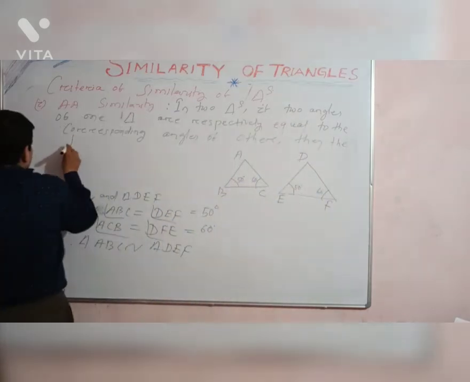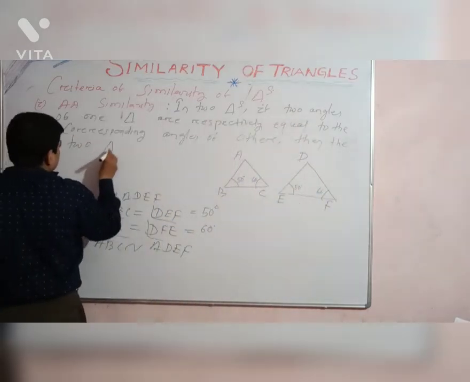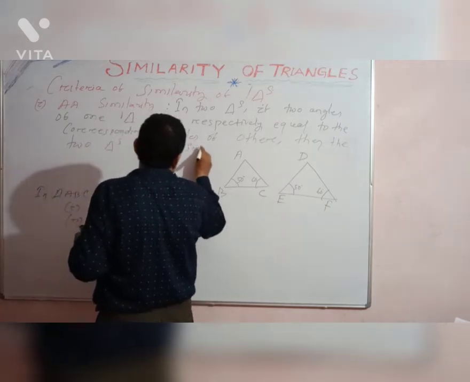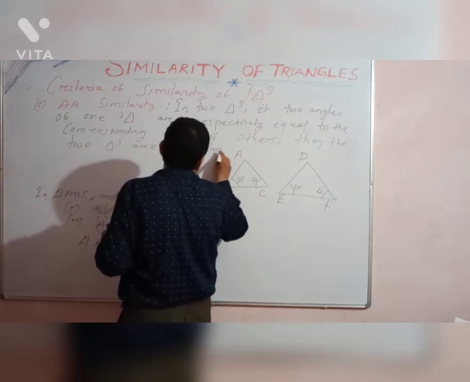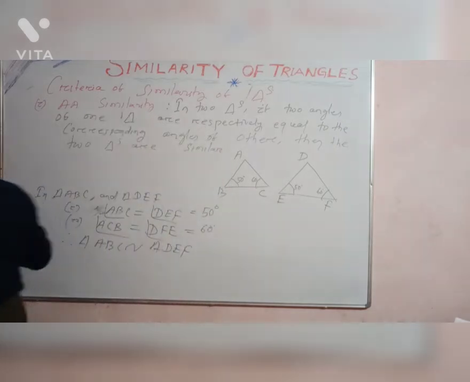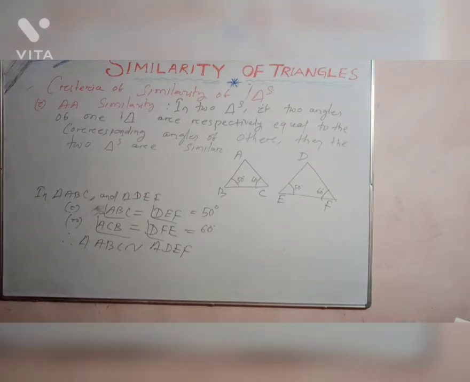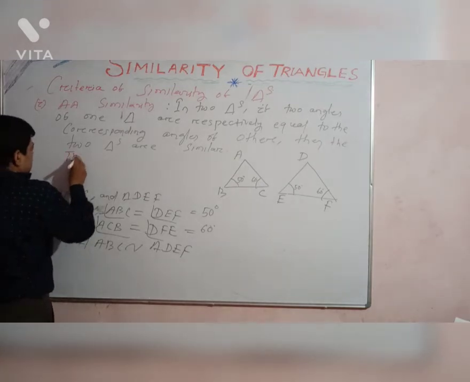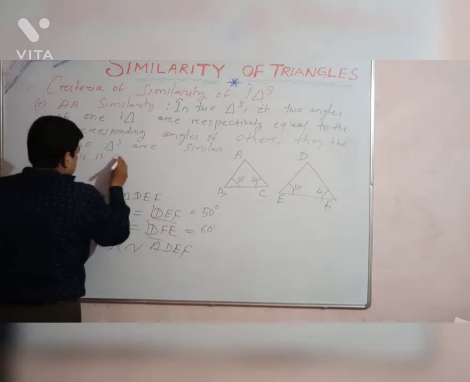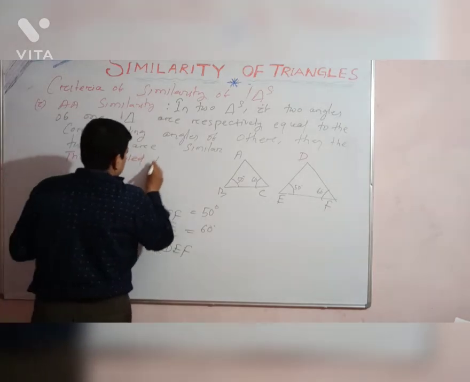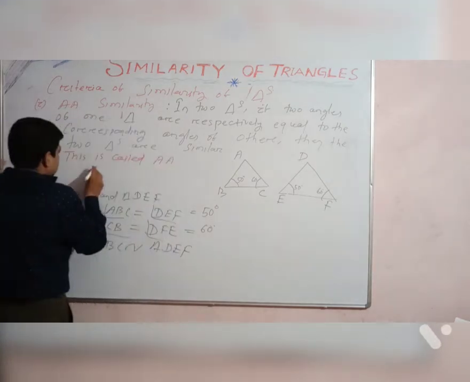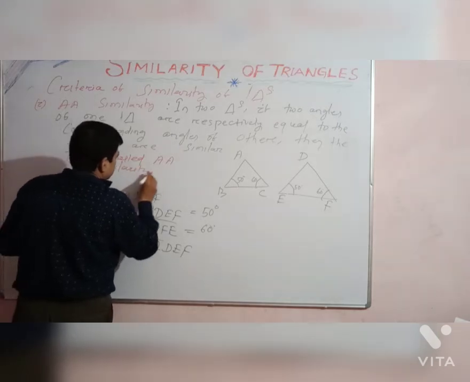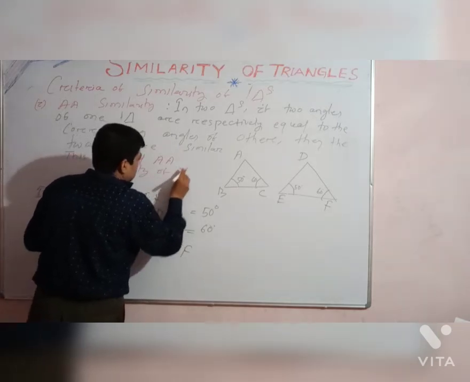Then the two triangles are said to be similar. And this is called the angle similarity criterion of similar triangles.